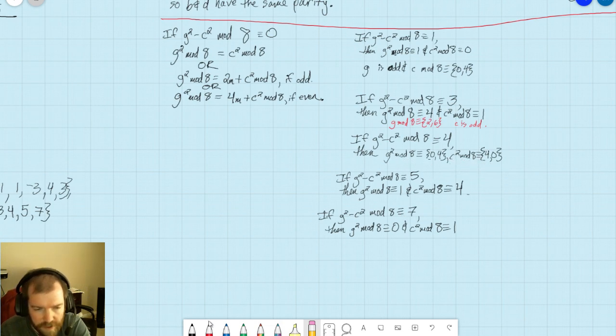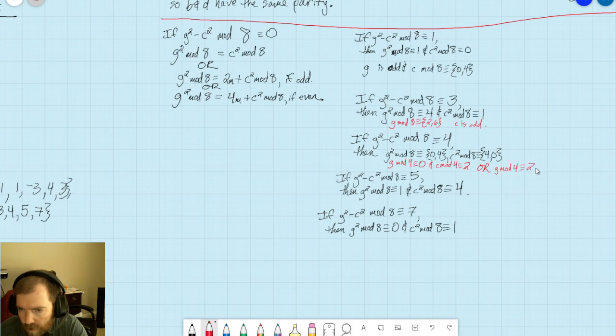So it definitely has to be even regardless, but G mod 4 equals 0 and C mod 4 is equivalent to 2, or the other way around. G mod 4 is 2 and C mod 4 is 0.